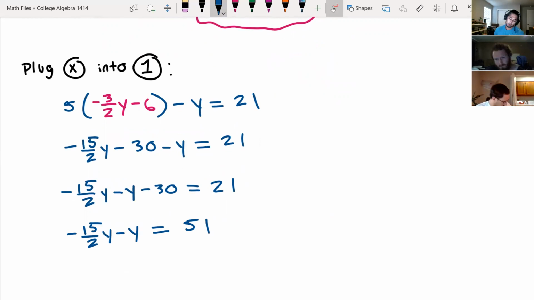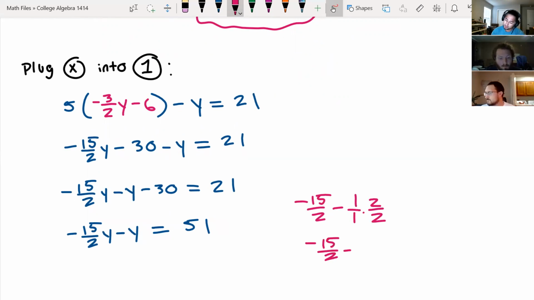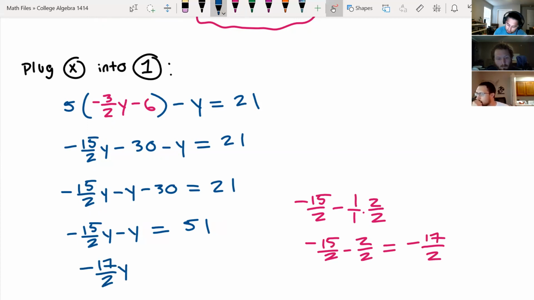Now all we have to do is combine our y values. Some fraction work: negative 15/2 minus 1. Put 1 over 1, get your common denominator of 2. That gives me negative 15/2 minus 2/2, so I get negative 17/2. Negative 17/2 y equal to 51.